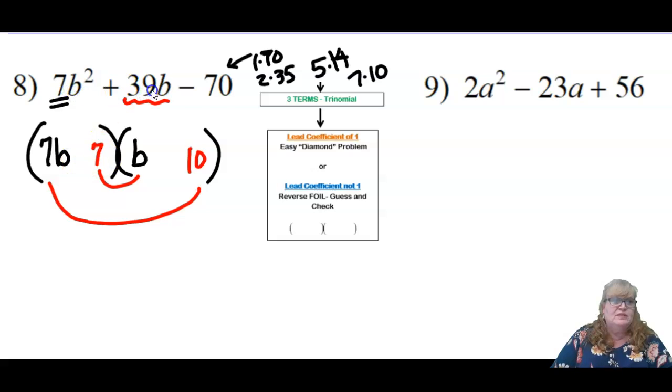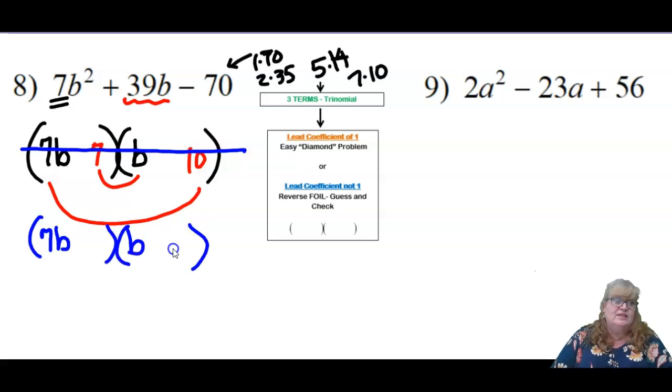Was there a 7 that was common to everything up here? No, so I can't have a parenthesis that has a factor of 7 in it. Now, Miss Abruzzo always says, don't erase, just rewrite, because she says you'll start guessing and checking the same ones over and over if you erase.